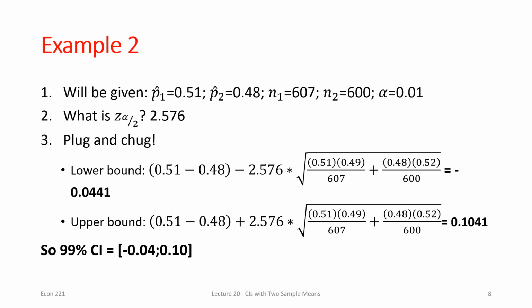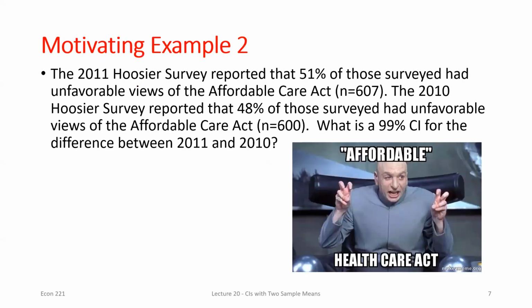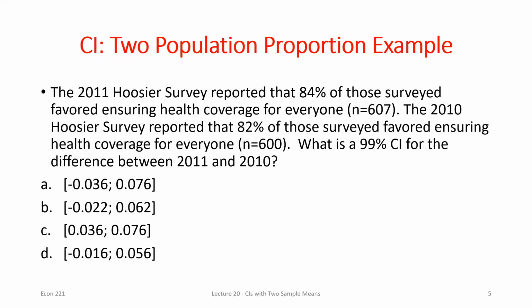What I wanted to point out here about the data, which is interesting, is a little bit more of a policy thing. Just notice the levels of these sample proportions. When we're talking about whether or not people like the Affordable Health Care Act, we've got about 50% of people in favor. While the main goal of this act was mandatory health care coverage for everyone, which 80% plus people were in favor of.